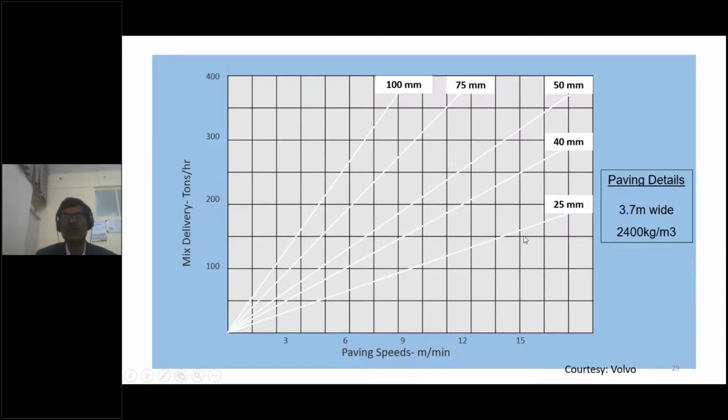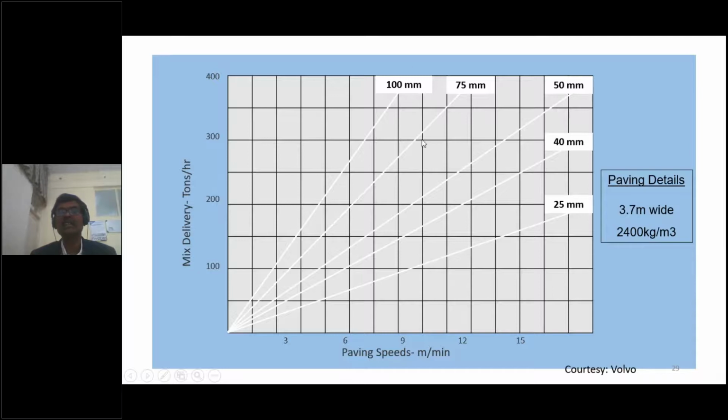And this is what the speed to be maintained depending upon what our hot mix plant capacity is. A typical curve taken from the famous equipment manufacturing company Volvo. This is the capacity of the HMP, hot mix plant, and this is the paver speed, the spreader speed we have to maintain depending upon what plant we have and the thickness of layer we are constructing.